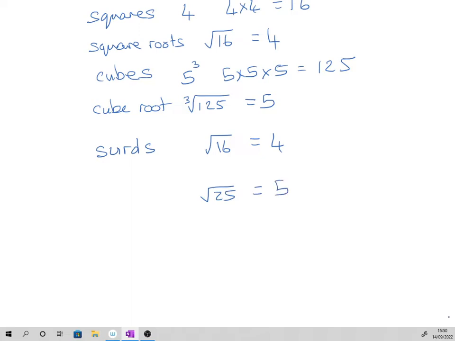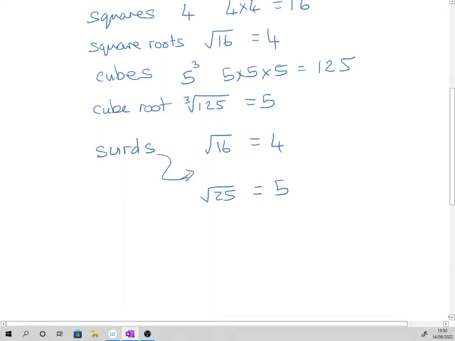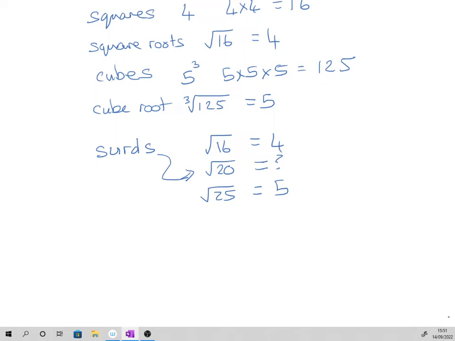There's a lot of numbers in between here, so this is where the surd comes into it. If we want to know what the square root of 20 is, we don't know. It's not a whole number, it's not an integer. So that awkward square root is called a surd. Any square root that doesn't come out to be a whole number is called a surd.